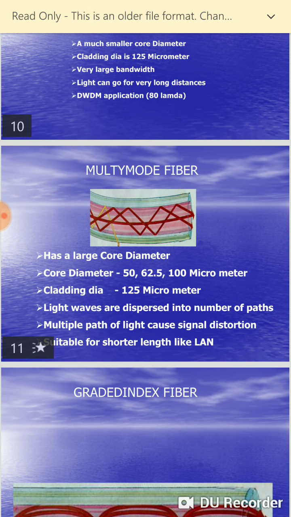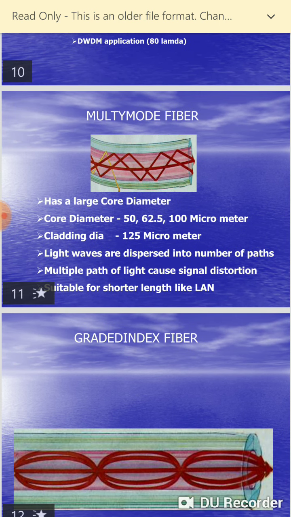As we discussed the dispersion point, the dispersion is more in case of multimode fiber as compared with the single mode fiber. Multipath light waves are dispersed into a number of paths. Multiple paths of light cause signal distortion and it is suitable for shorter lengths like LAN.